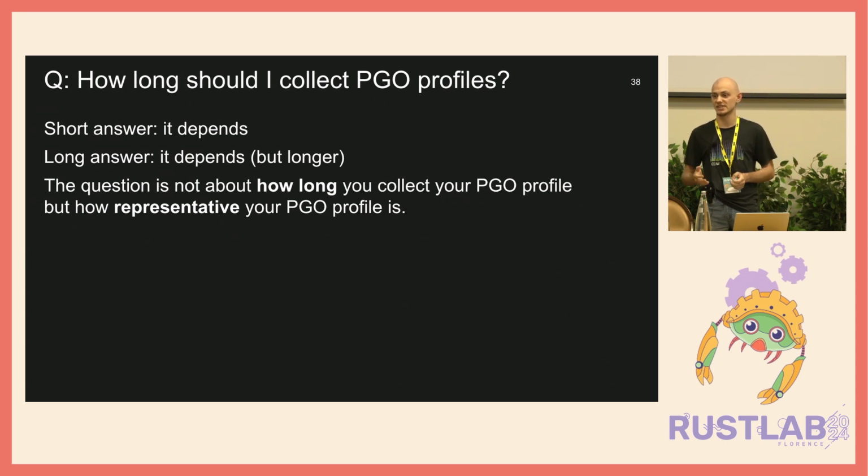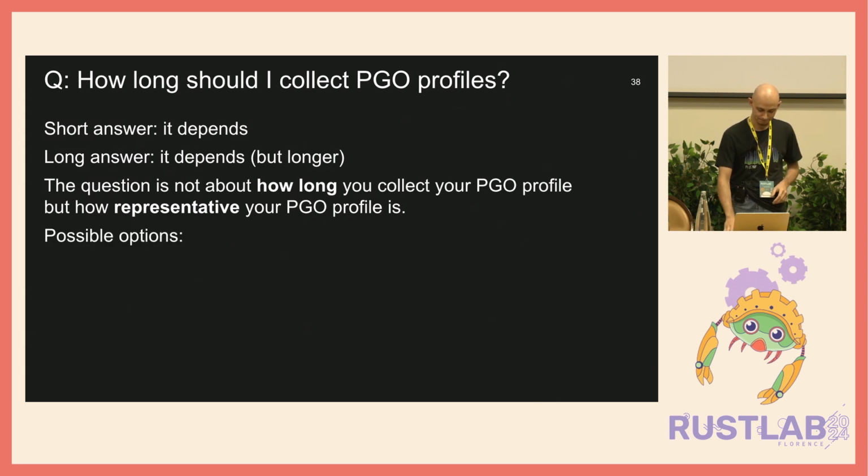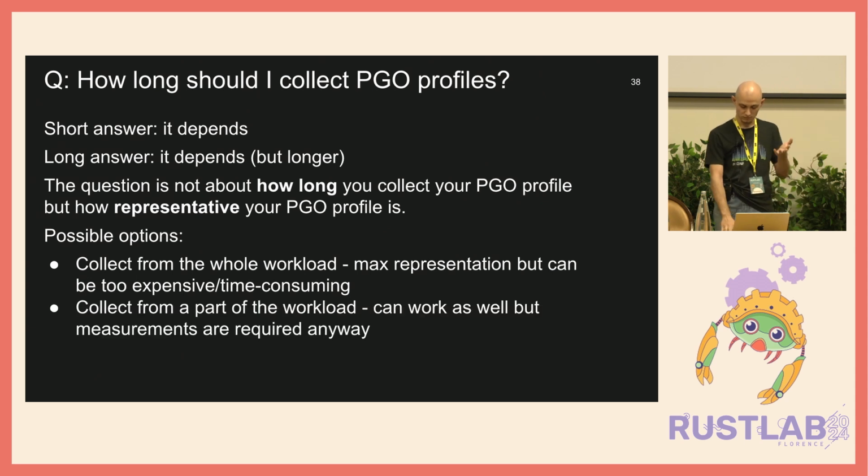The workload is pretty much the same. It will be enough to compile one or two files. However, if you have a long process with different steps that touch different parts of your code base, most likely you will need to run your whole training set, because you want to cover as many parts of your code as possible. So that's it.